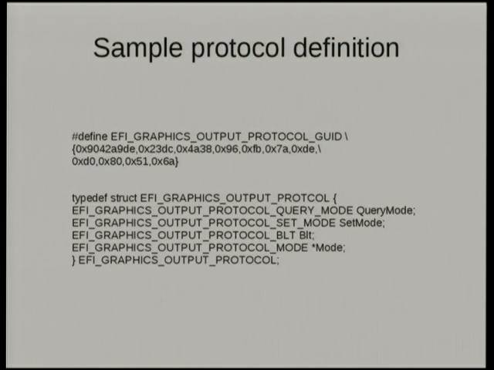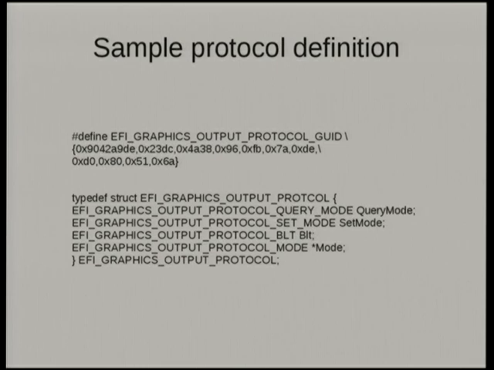So if you want to know the graphics mode that you're in, you call open protocol with that GUID, and then you get back one of these tables. And then you call query mode with the appropriate arguments, and you get back a structure that defines your current mode. And if you want to change the graphics mode to another mode, then you just repopulate that mode with the modes that you want, and call set mode, and then the firmware changes the resolution for you.